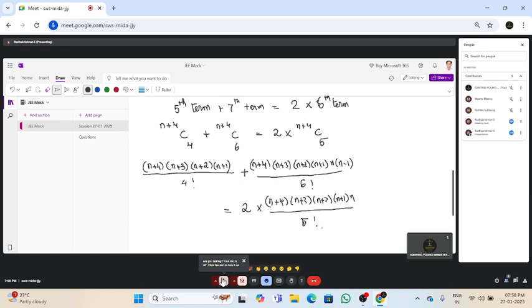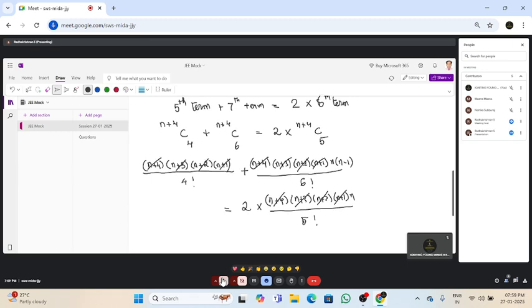Now you see that a lot of terms will get cancelled. Then it becomes a simple equation for us. You see these are all common, right? n plus 4, இந்த நாலுமே காமனா இருக்கு எல்லாத்துலயுமே. So we can take it out and they will all get cancelled.